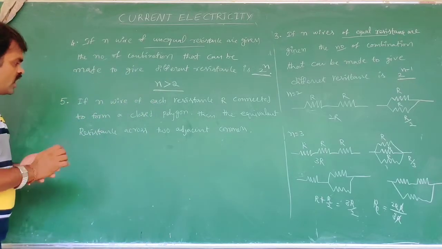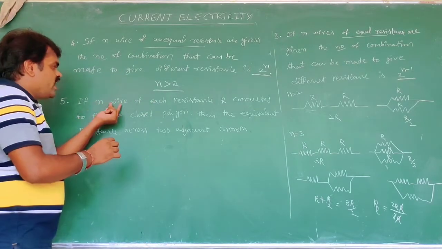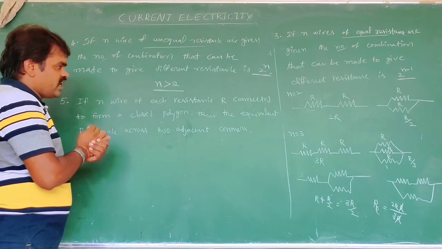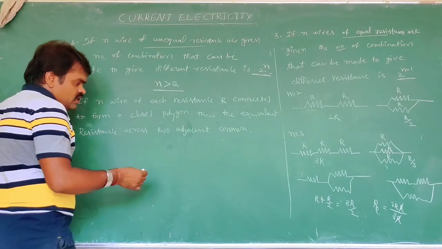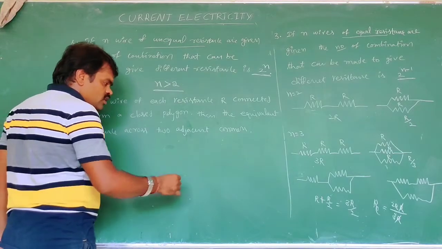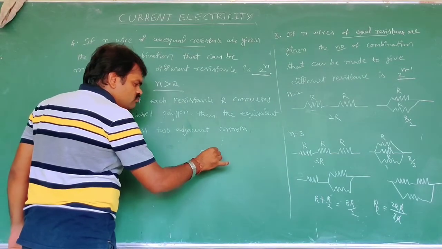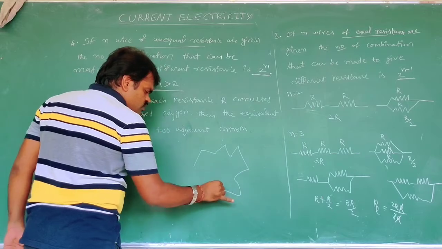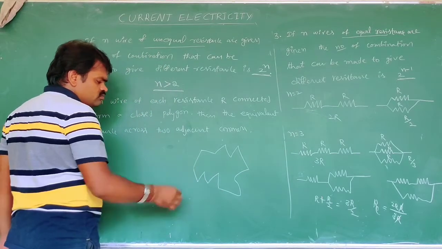You see, n wires each of resistance R are connected to form a closed polygon. This is the closed polygon.